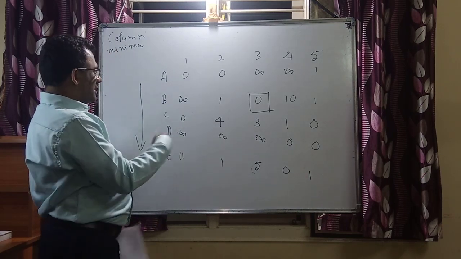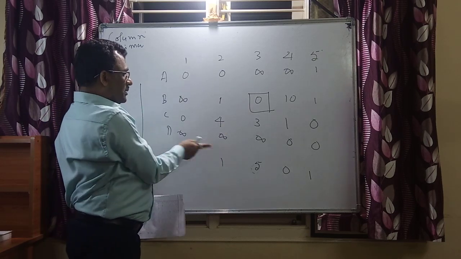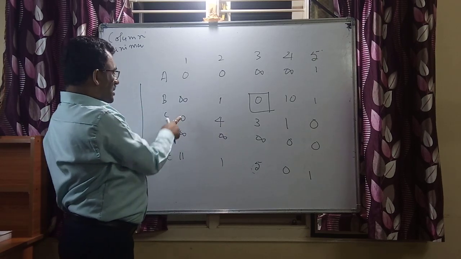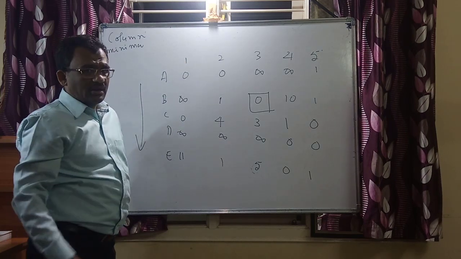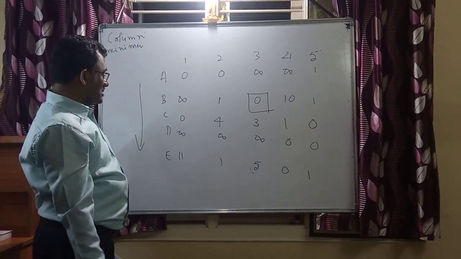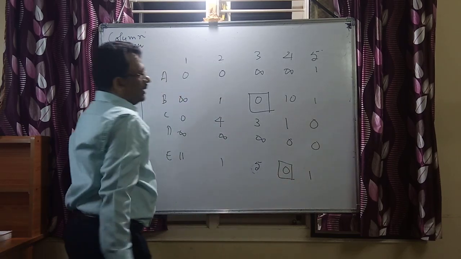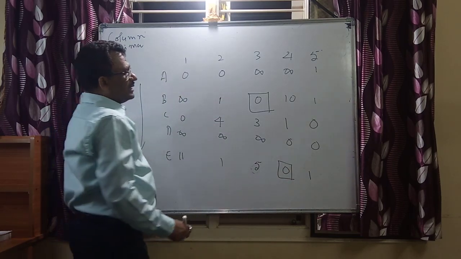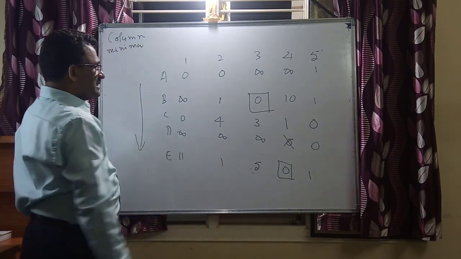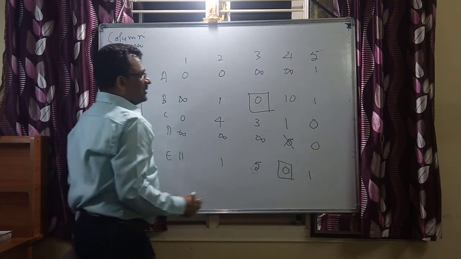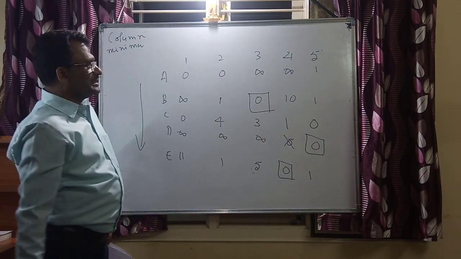Now for the rest, you cannot go for C, you cannot go for D, and you cannot go for A, because there are two or more zeros repeated. Now E, I have only one 0. If E has only one 0, I can cancel this, and once this is cancelled, D is left with only one 0.